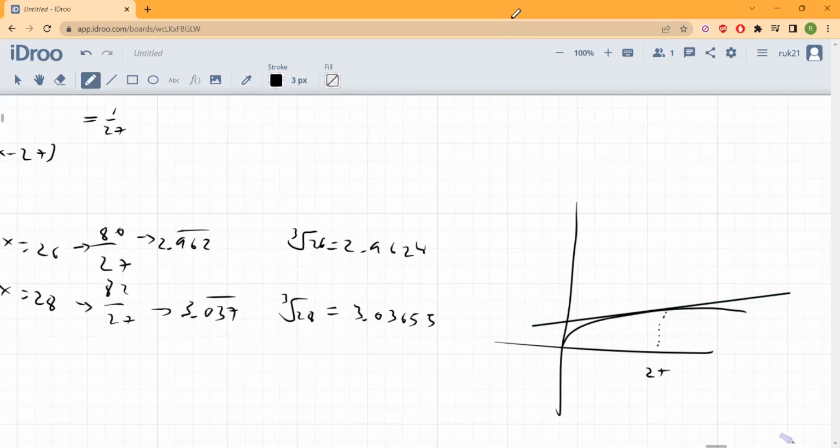But the basic gist is that over here, because it's already a bit steeper, the 28 should be a bit closer than the 26, because at this point the slope is going to be a bit smaller. And over here, the 28 is going to be even a bit smaller than the 27. So because it's gradual as well, the 28 is going to be a bit closer to the actual value than the 26.